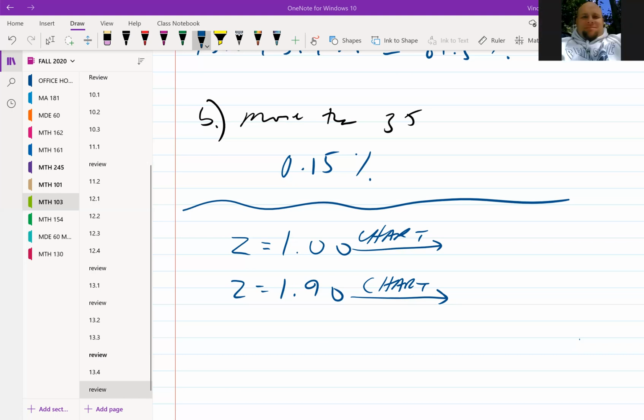Well, what I was saying is when you go to the chart, because it's to the right of 0, there's some verbiage that they used. And because it deals with 0, they actually subtract 0.5.